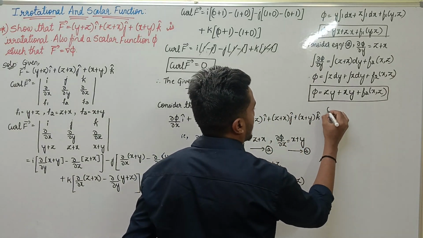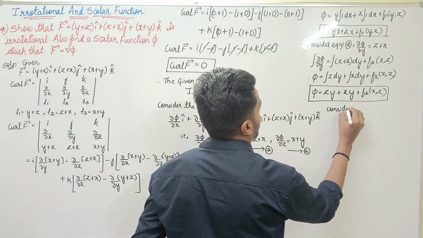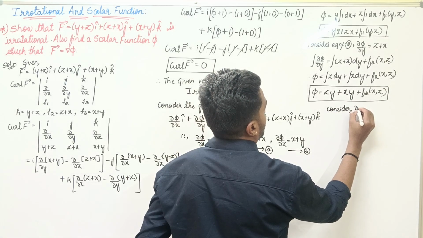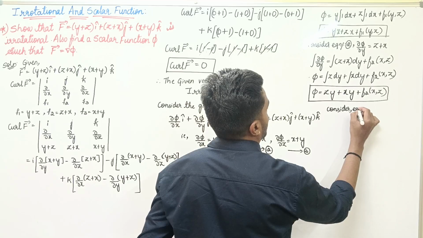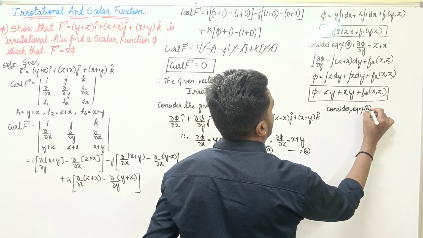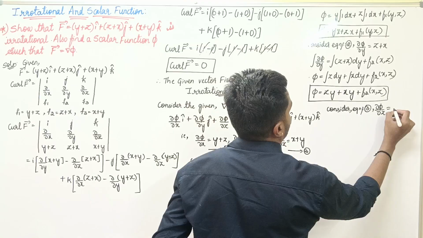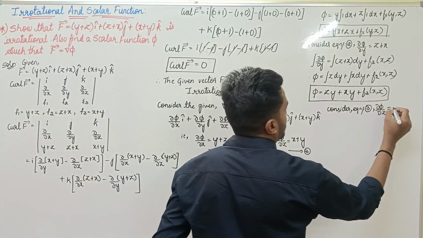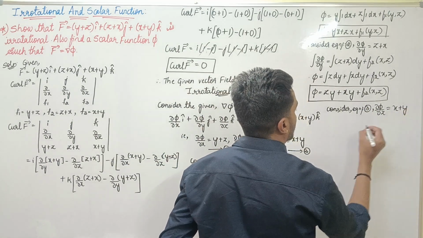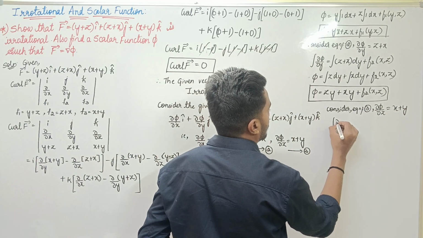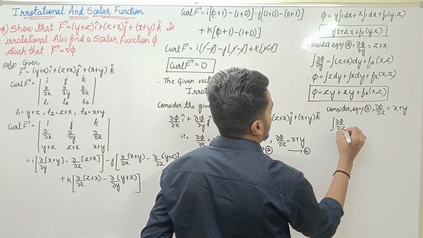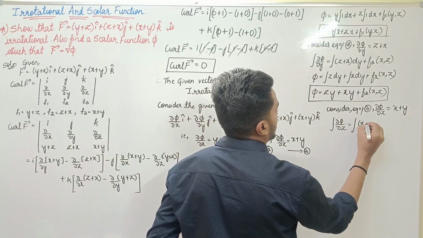Now the last, consider equation number 3, that is dou phi by dou z, which is equal to x plus y. Integrate on both sides, integral dou phi by dou z is equal to integral x plus y.